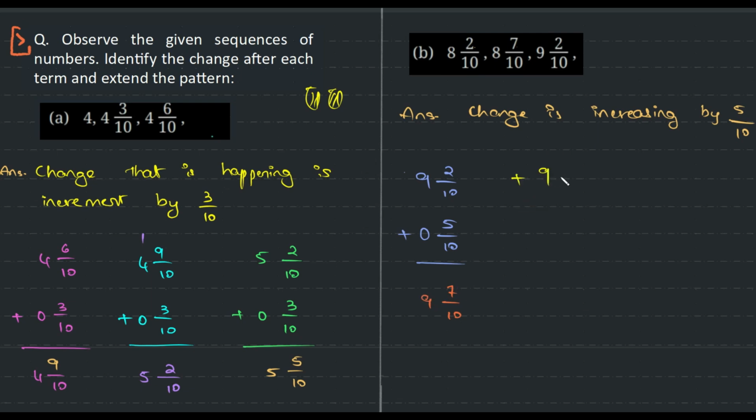Now next, 9 and 7 tenths has to be added to 5 tenths. So this is 12.